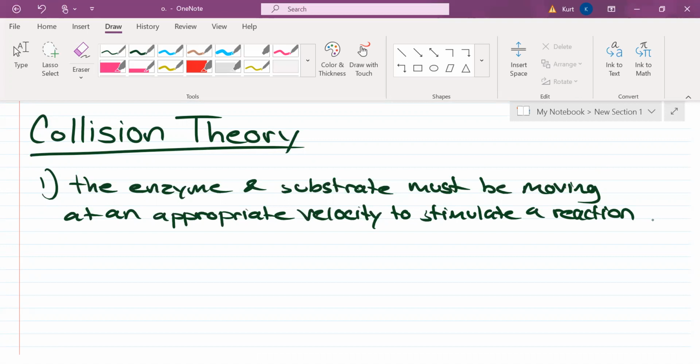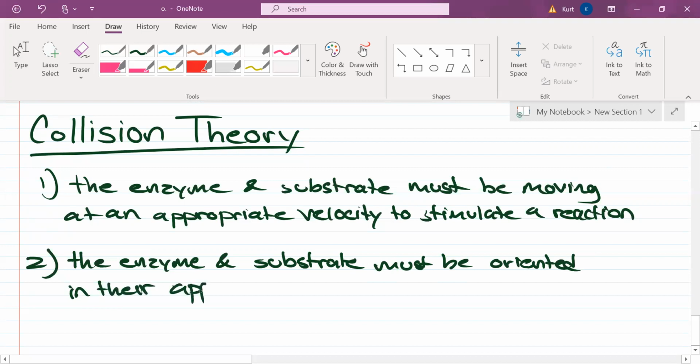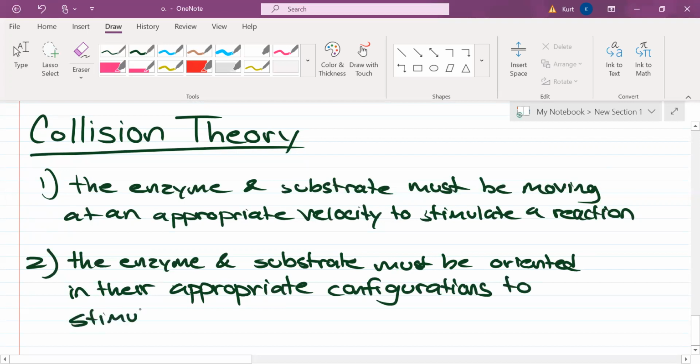Second point: the enzyme and substrate must be oriented in their appropriate configurations to stimulate a reaction.